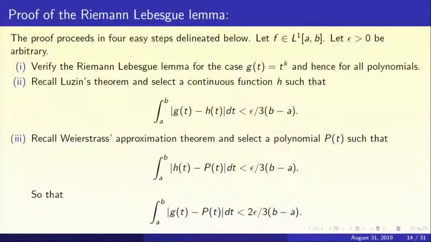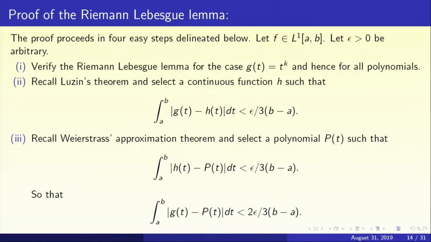Now look at the function f. The function f is in L1 of [a, b]. So from L1 we must first move on to a continuous function. That should remind you of Lusin's theorem. What is Lusin's theorem? Every L1 function can be approximated by a continuous function in L1 norm.